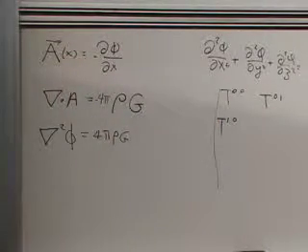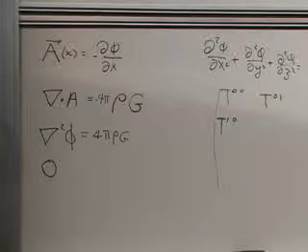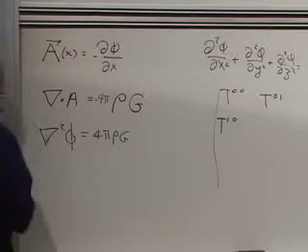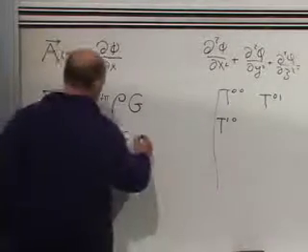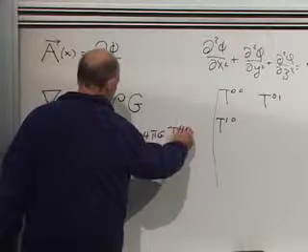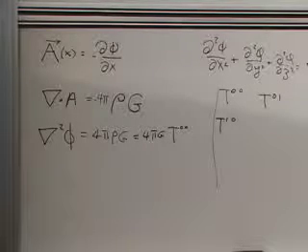So we have an equation which has the form del squared phi is 4 pi g times T naught naught, roughly speaking.